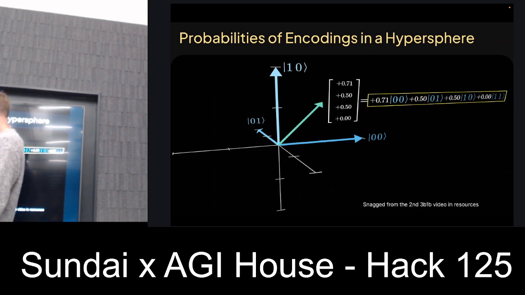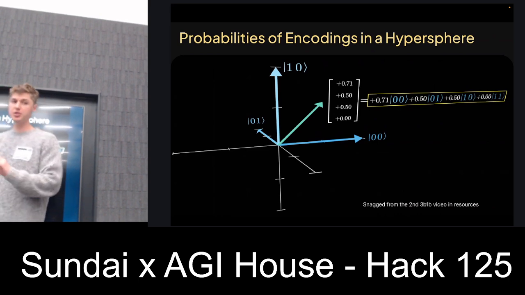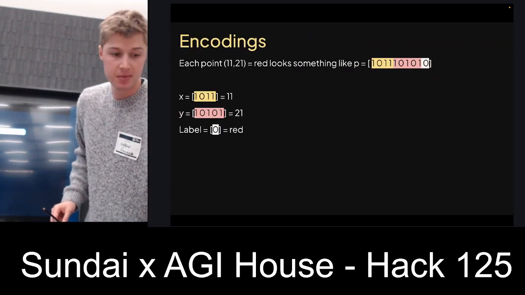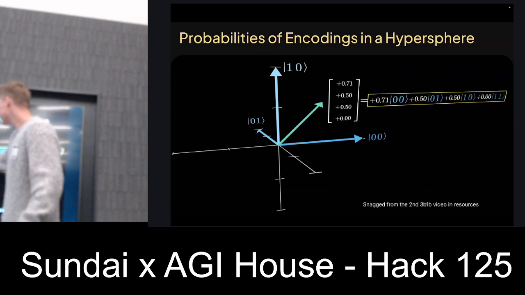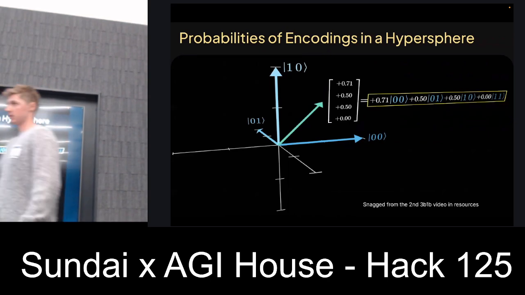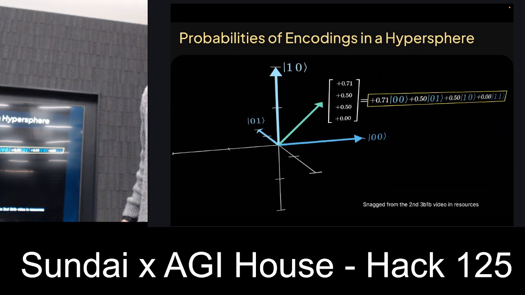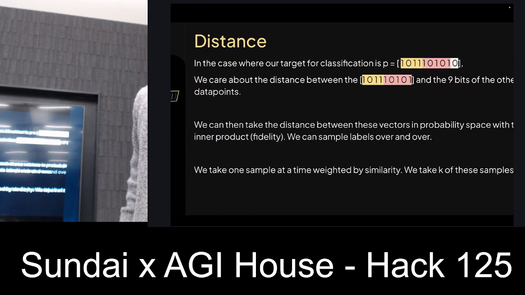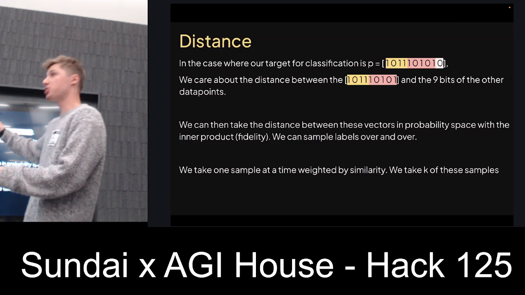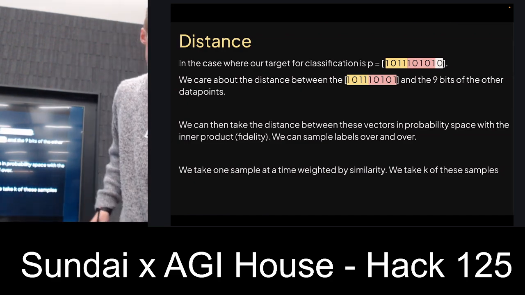So really, in our data space here, we have 9 bits, so we have 9 to the power of 2 different little pointers here, okay? So we have a very, very large sphere. Now we take distances between each of our points in our sphere.